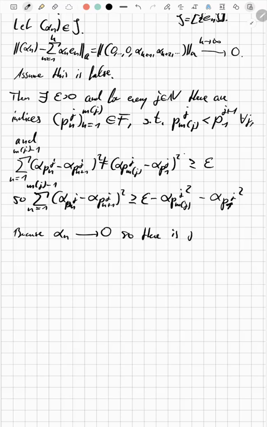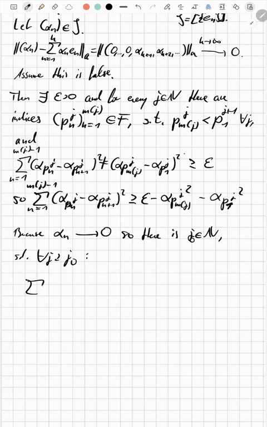So there is a j_0 in the natural numbers such that for all j greater or equal to j_0, this gets smaller than epsilon fourth.